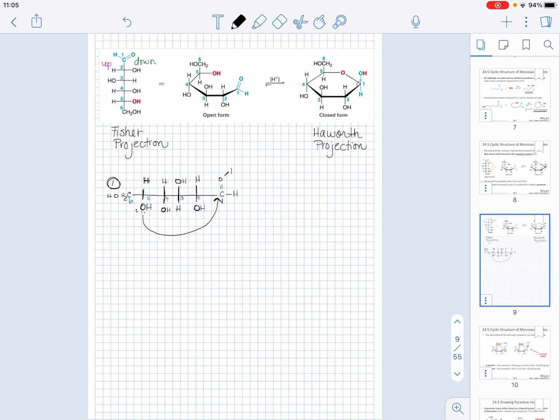So if we are under acidic conditions, we're assuming that this oxygen is protonated in a previous step. Again, all of this, when it happens in nature, is happening in the same vessel. So if I have a protonated aldehyde and I am attacking from this oxygen onto that carbon, then I'm going to put the electrons up to the oxygen.